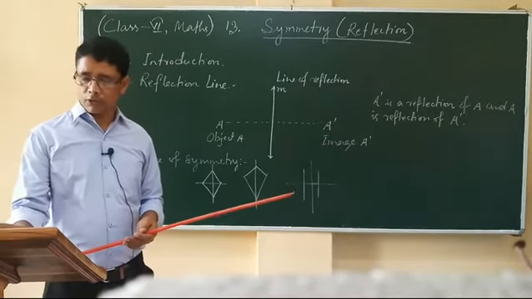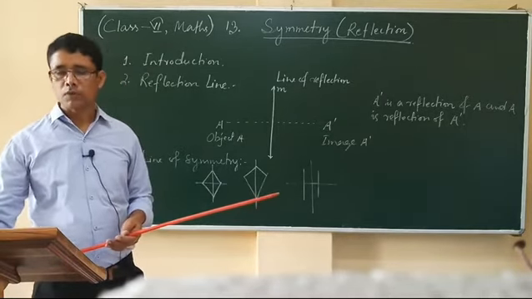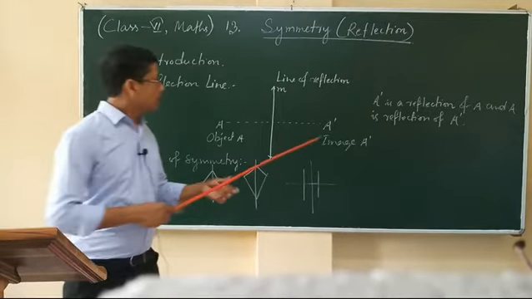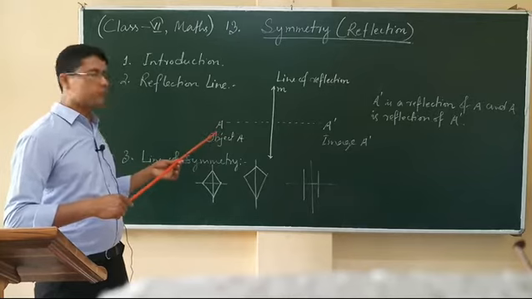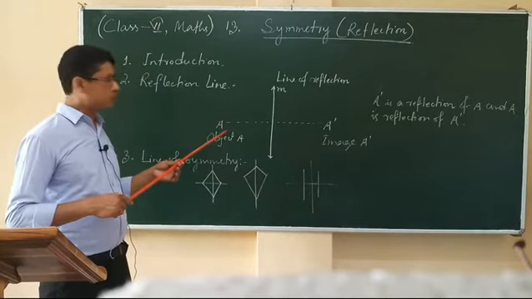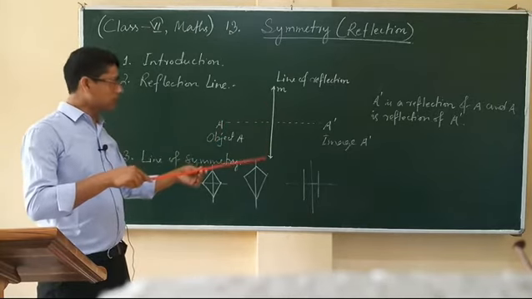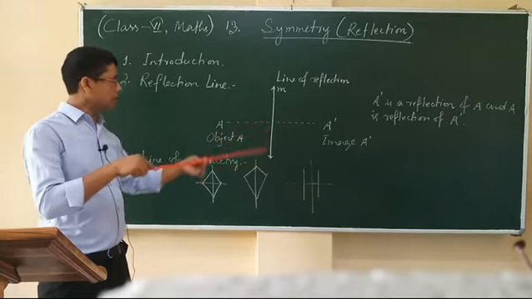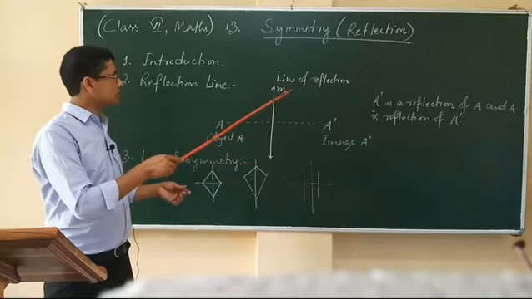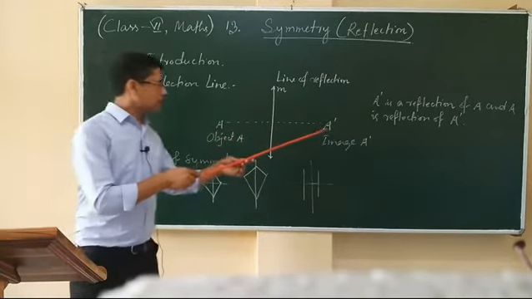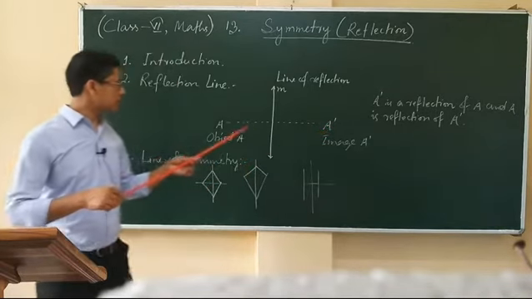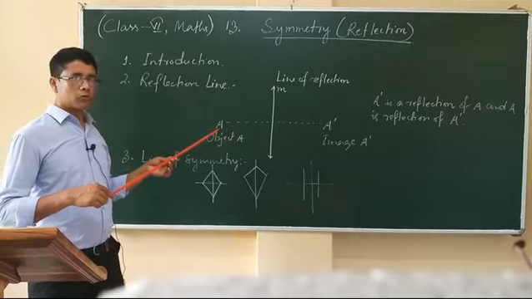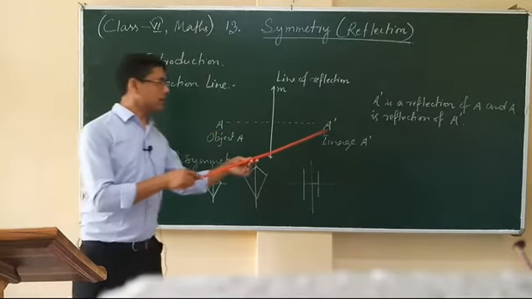From the figure you can see this A, consider it as the object. This is the mirror, the line of the mirror, which is called the mirror line, and this A dash is the image of this A. It will look the same, the image of A will be like A only.